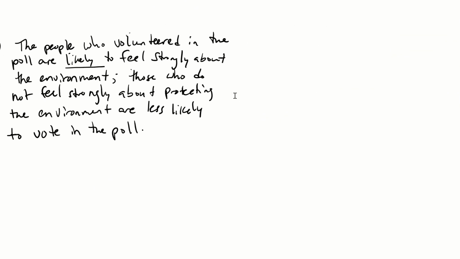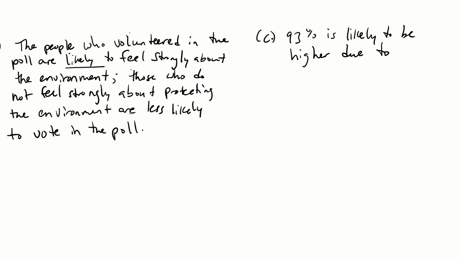Well, if we're talking about this bias right here that we talked about in part B, well, then it's likely to be higher, right? So the 93% is likely to be higher due to the people feeling strongly about the environment.